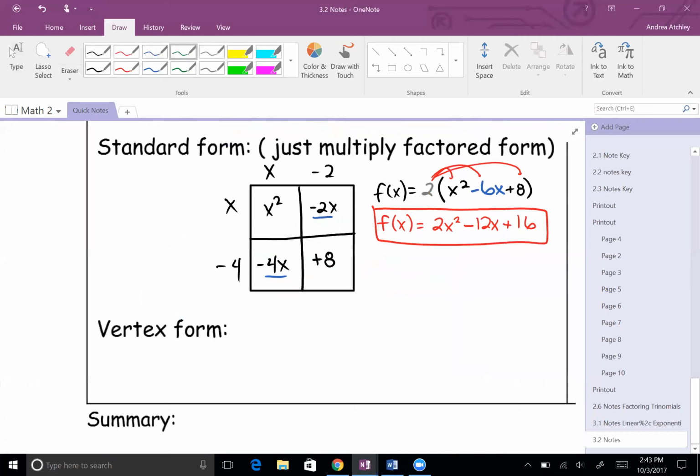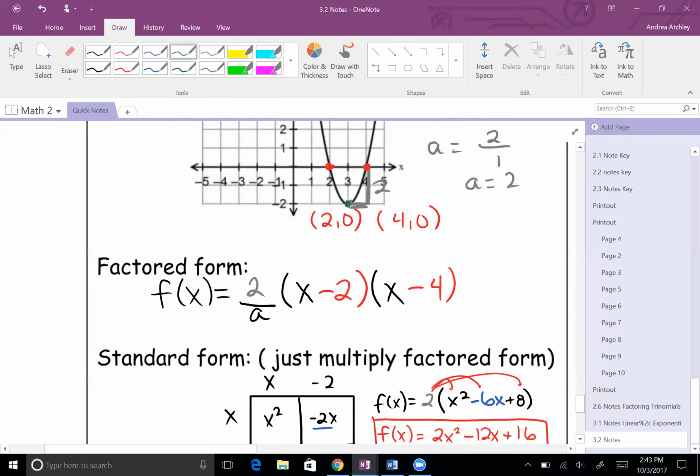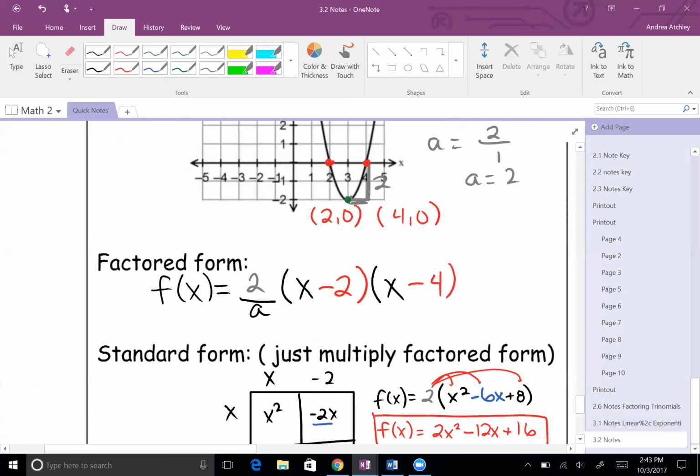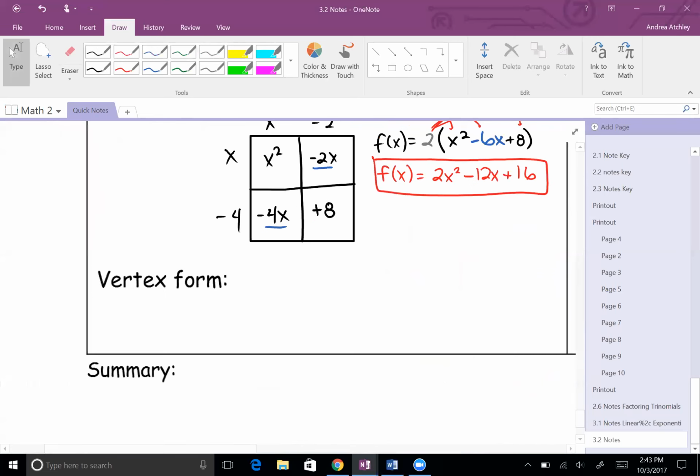Okay, vertex form. We need to identify the vertex, which is right here. The vertex is 3 and negative 2. Now, vertex form looks like this. We know that the 3 is the h value and the negative 2 is the k value.